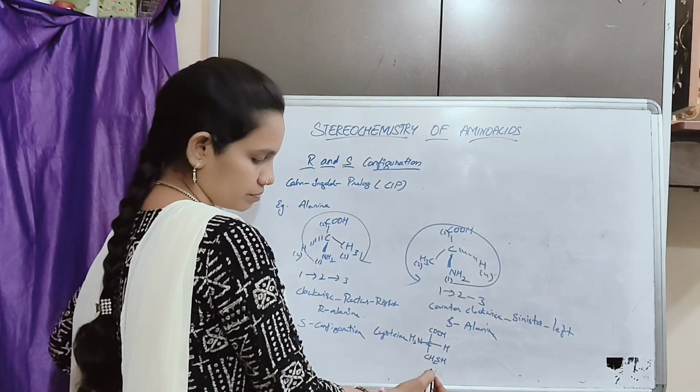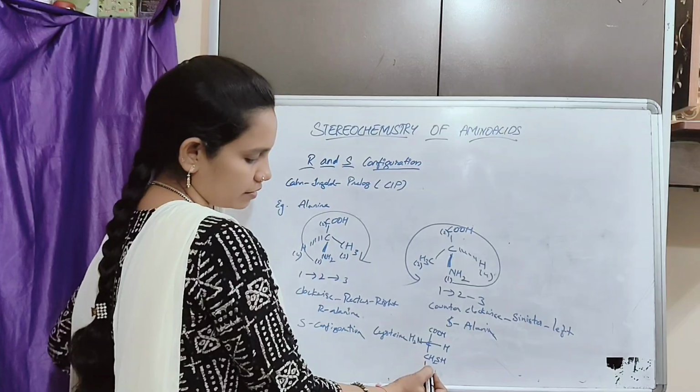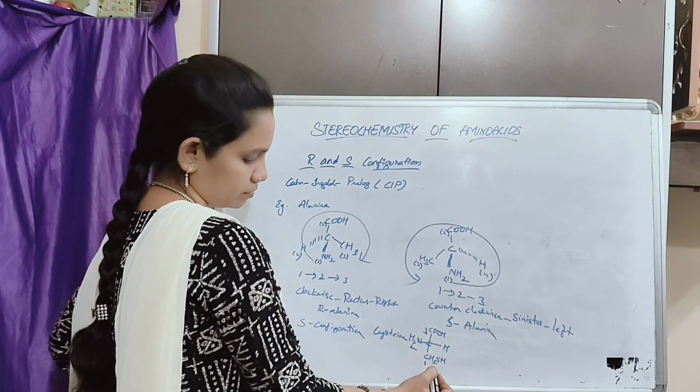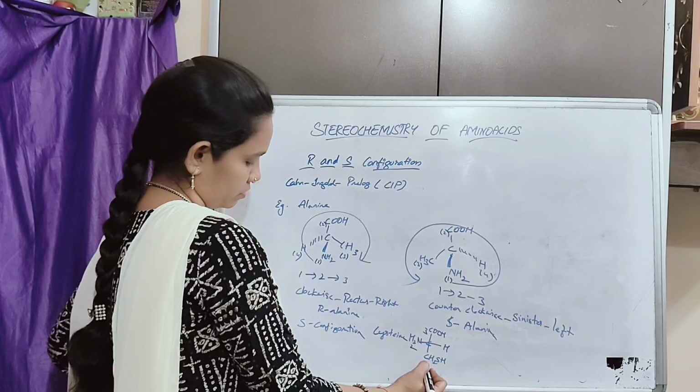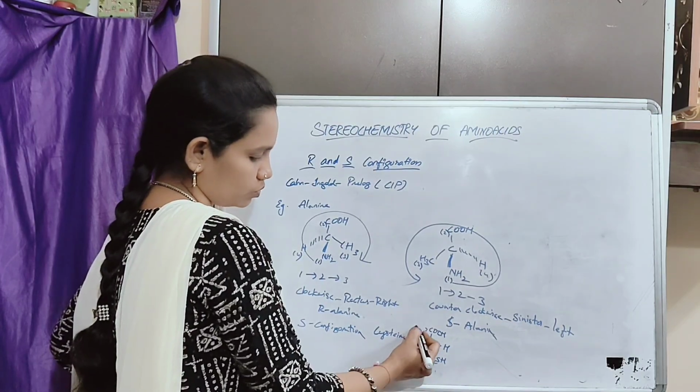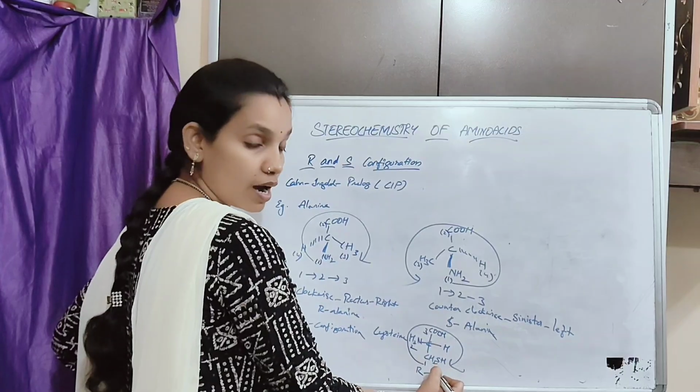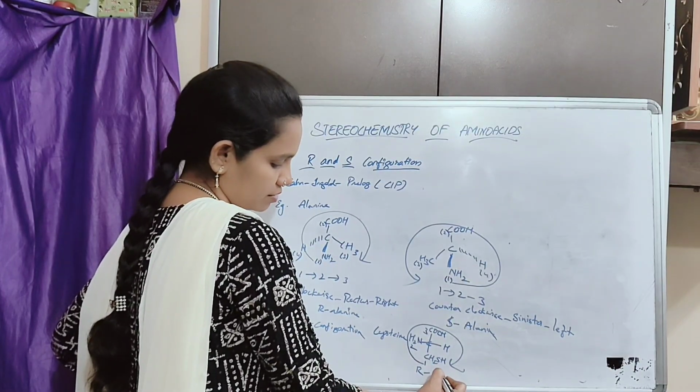So this will get higher 2 and 3. 1, 2, 3. So it is towards right, means this is R configuration, R cysteine.